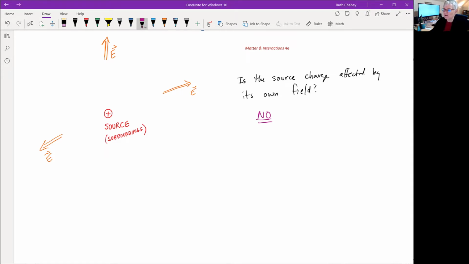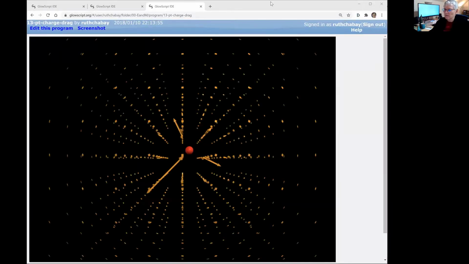Now let's go back for a minute to this program. Here's one of these cases where we need to be careful about terminology because there aren't any synonyms.